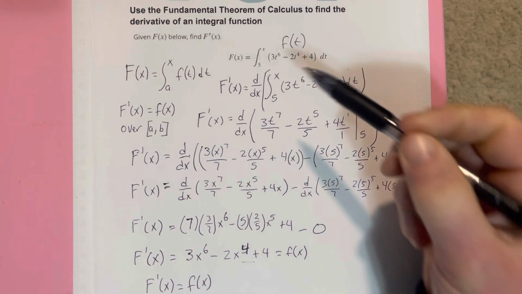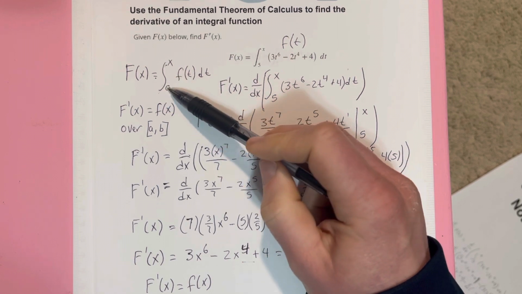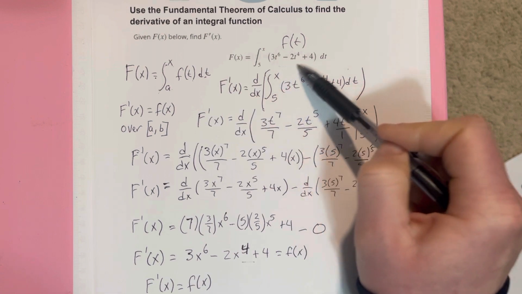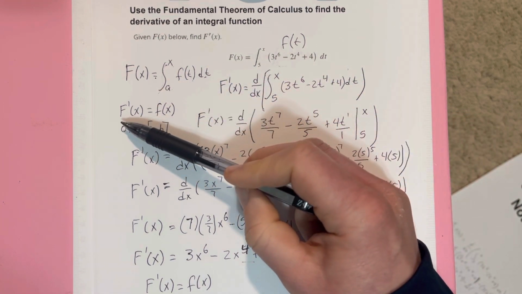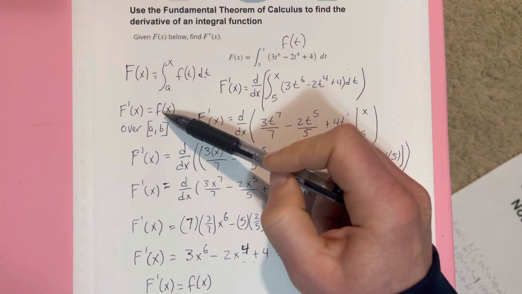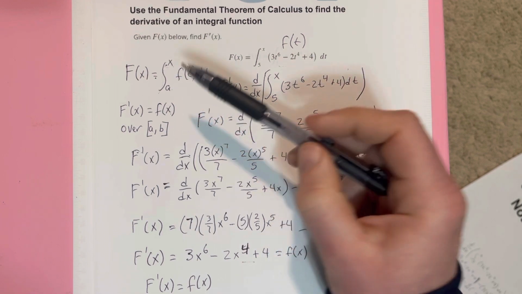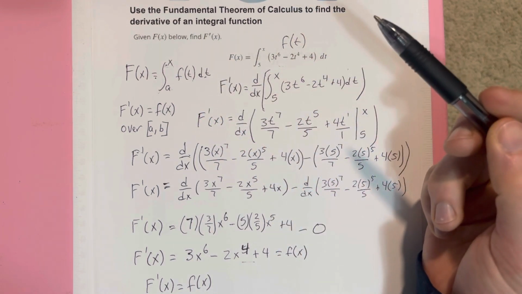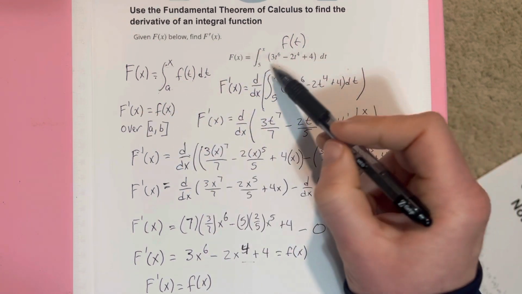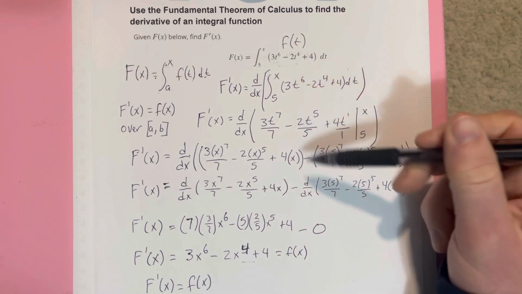So we go back to the fundamental theorem of calculus. We saw that we had F of x equals the integral from a to x of f of t dt, and that f of t is continuous, it's a polynomial. So we know right away that F prime of x, the derivative of this, is equal to just f of x because of this upper bound on the integral. I could have just said right away that F prime of x is just going to equal 3x to the 6th minus 2x to the 4th plus 4, instead of doing all this work.